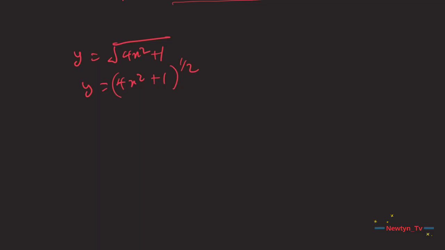So with the outer function, we have u exponent half, and its derivative will be half multiplying u exponent negative half. Then the inner function will be 4x squared plus 1, and its derivative will be 8x.